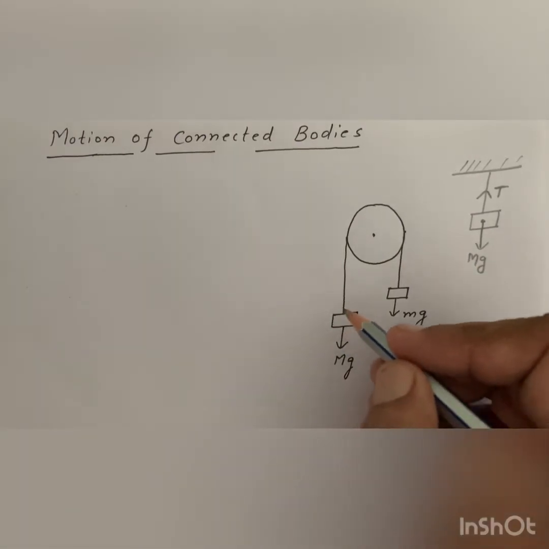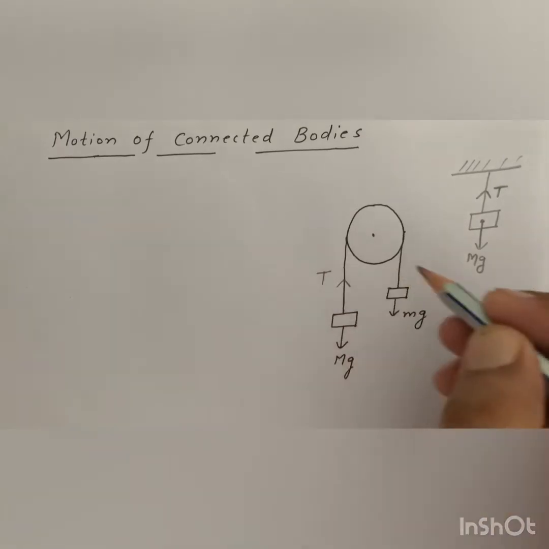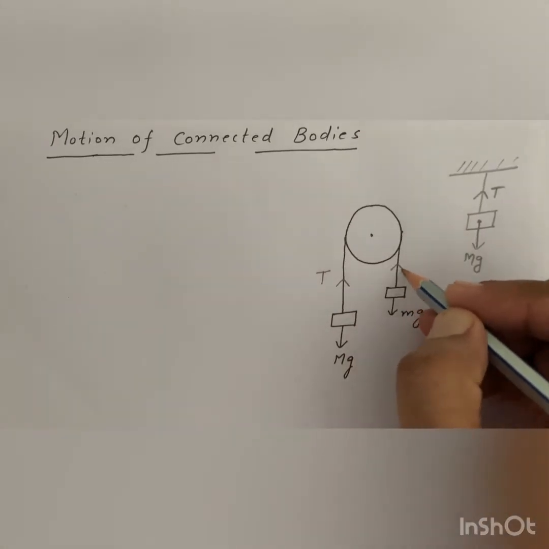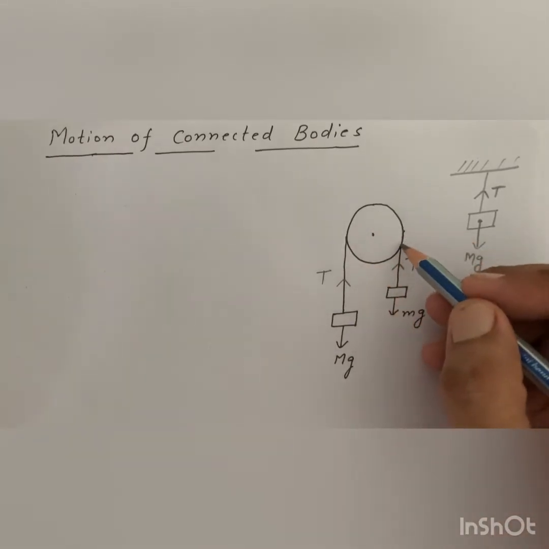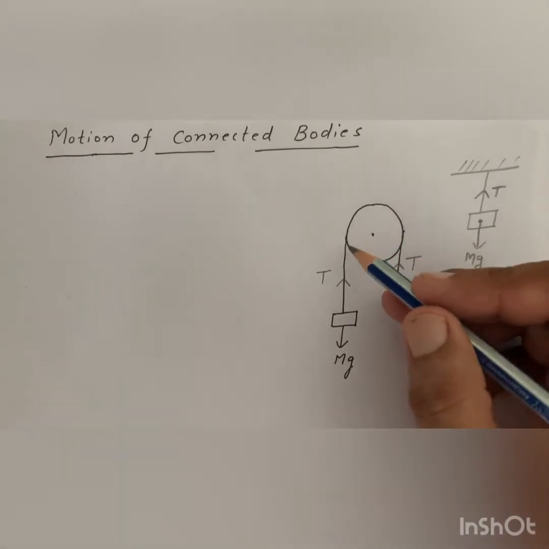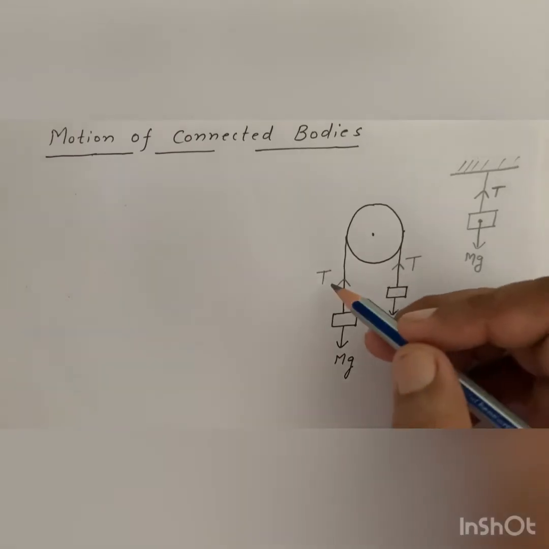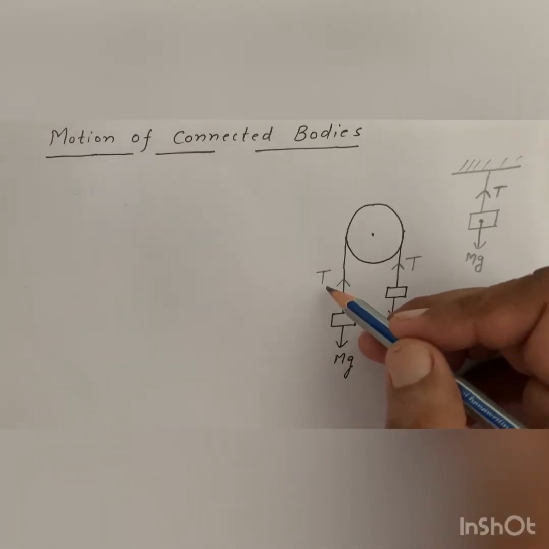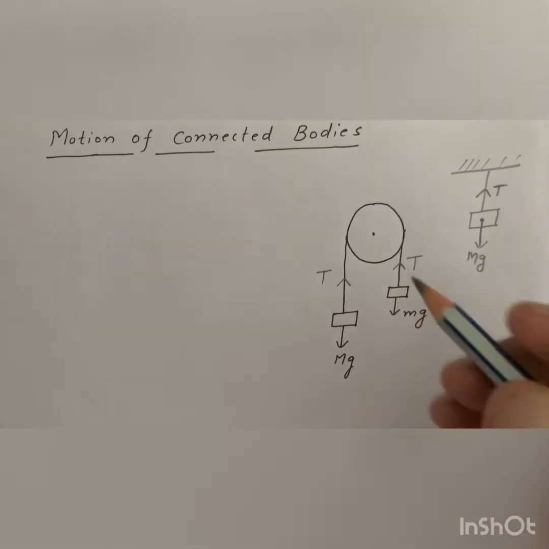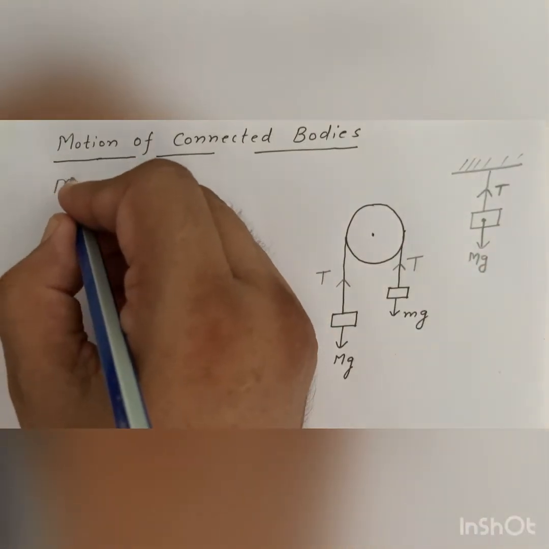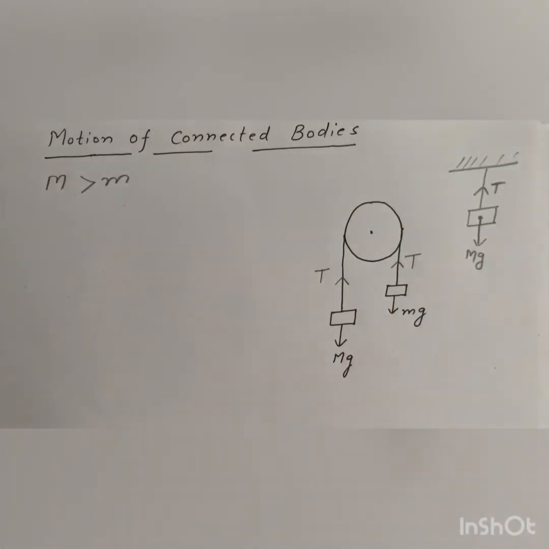Due to this, the tension is in the up direction on both sides. As the string is the same and it is passing over a smooth pulley, here we have tension T, and here we also have the same tension T. Let us consider the mass M is greater than small m.